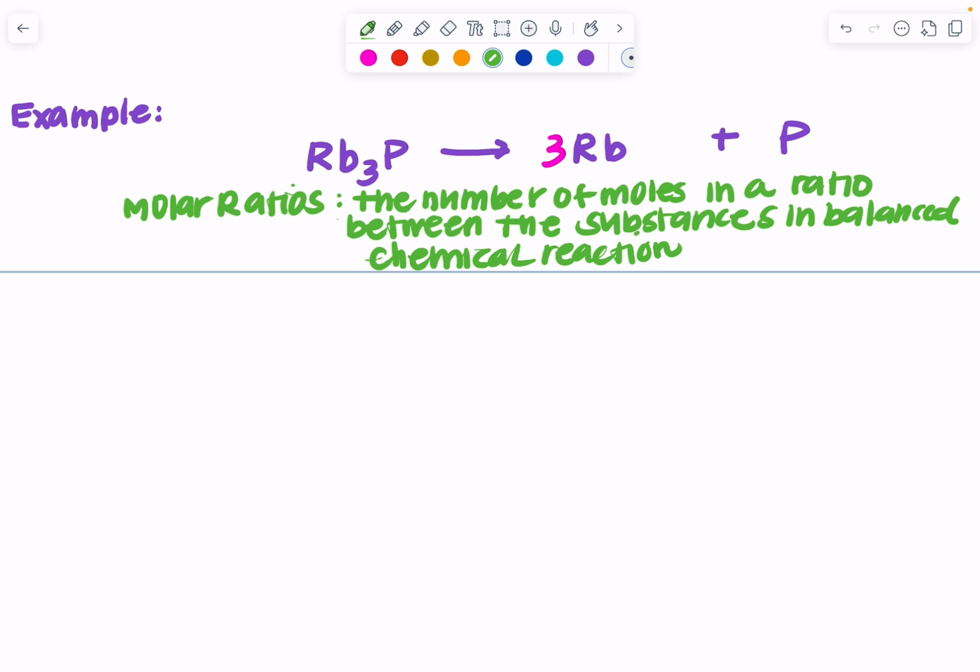So, based on our balanced chemical equation, we know that our molar ratios are as follows.